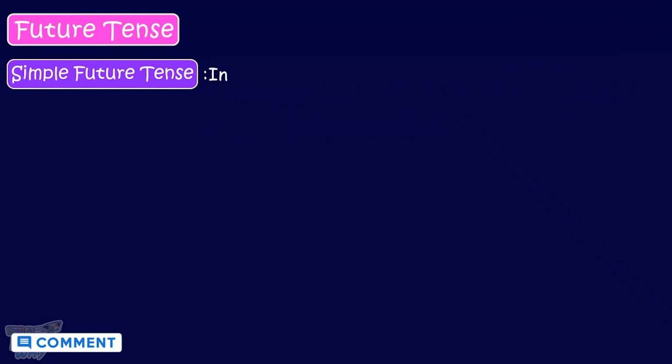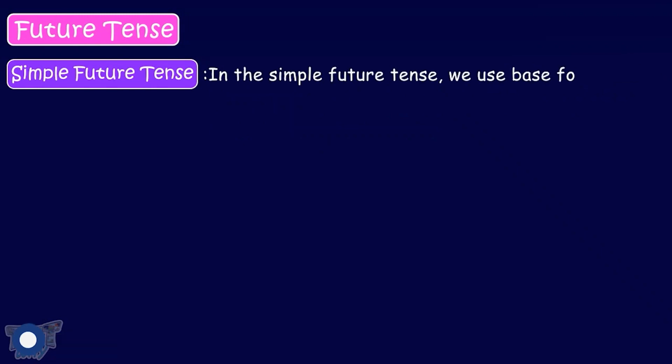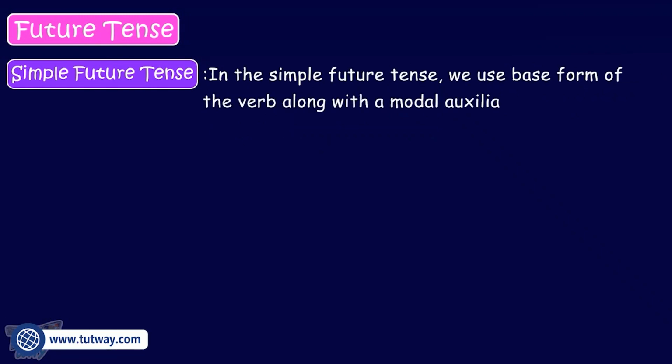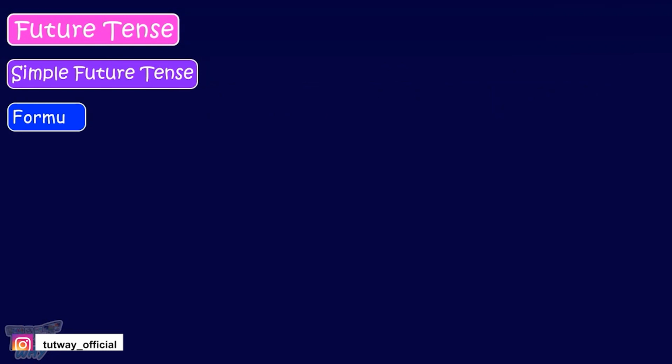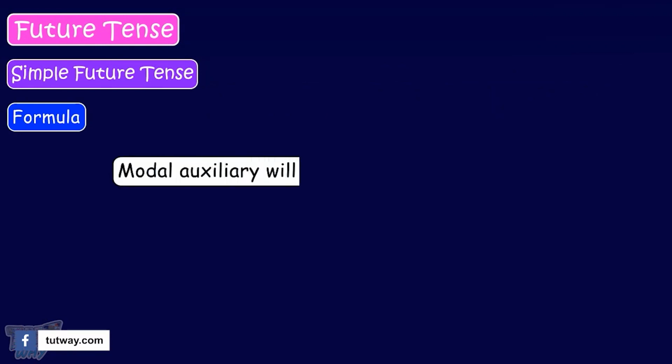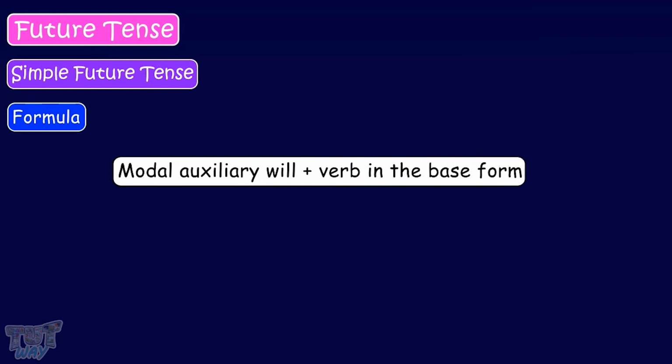In the simple future tense, we use the base form of the verb along with a modal auxiliary like will. So the formula for forming a simple future tense is modal auxiliary will along with verb in the base form. Let's have examples.